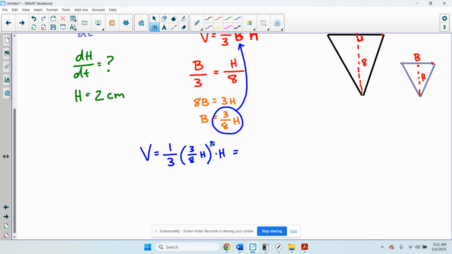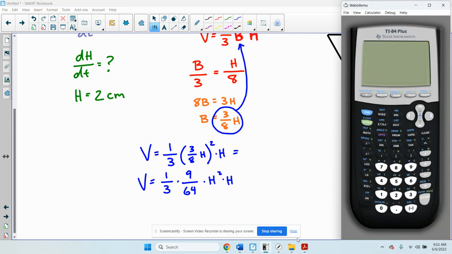When I square this, I'm going to get 3 squared over 8 squared. So V equals 1/3 times 3 squared, which is 9, over 8 squared, which is 64, times H squared times H. Just to show you, we have 1 divided by 3 times 9 divided by 64.